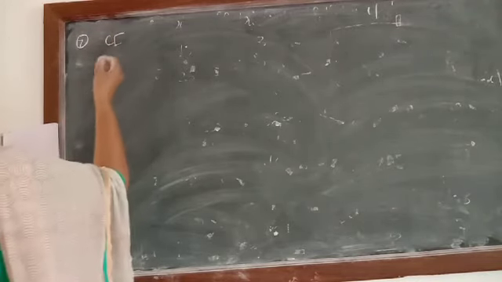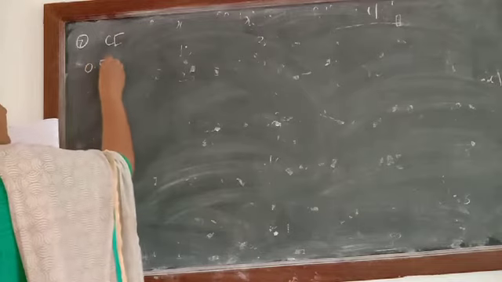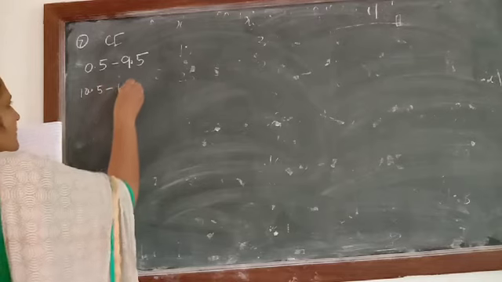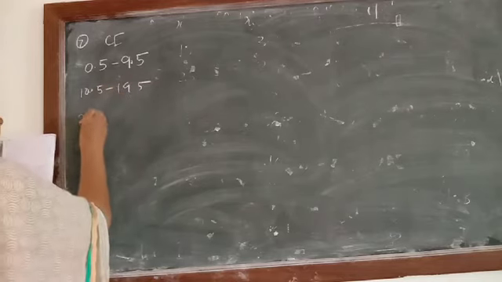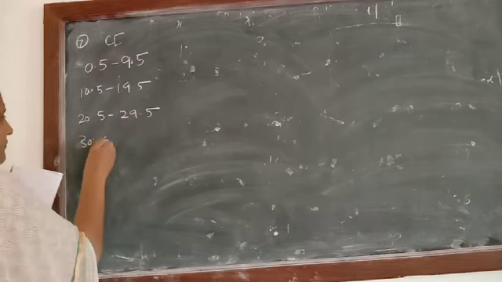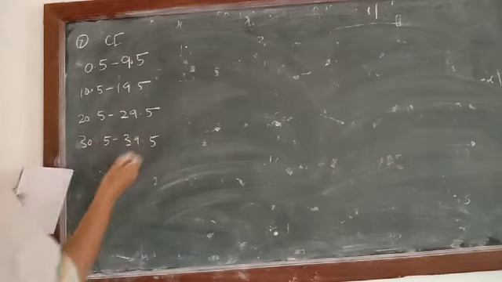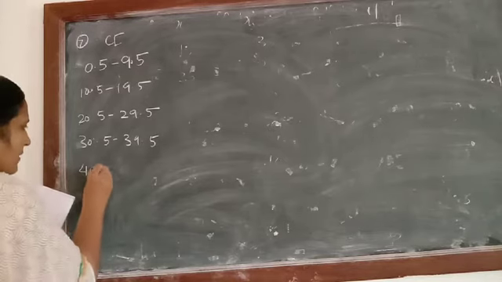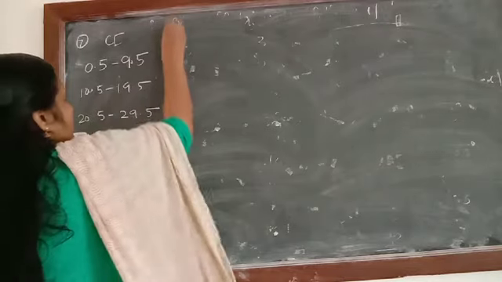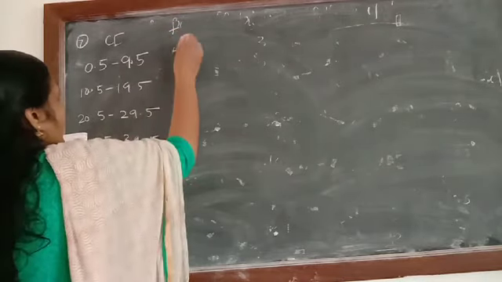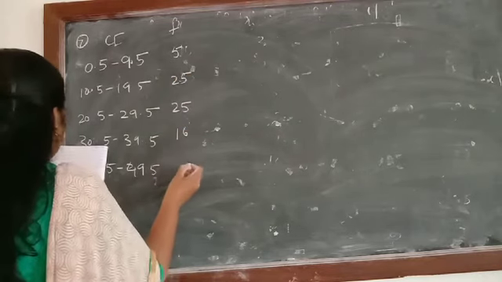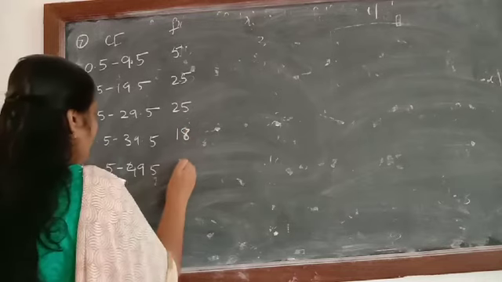In question number 7, class intervals are given in this way: 0.5 to 9.5, 10.5 to 19.5, 20.5 to 29.5, 30.5 to 39.5, 40.5 to 49.5. And the frequencies are given there: 5, 25, 25, 6, 5, 18 and then 7.